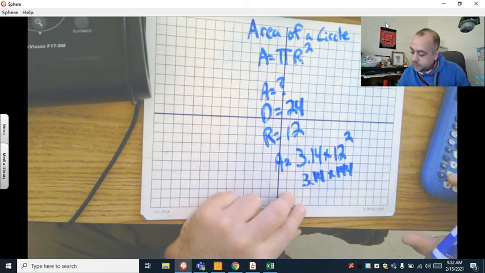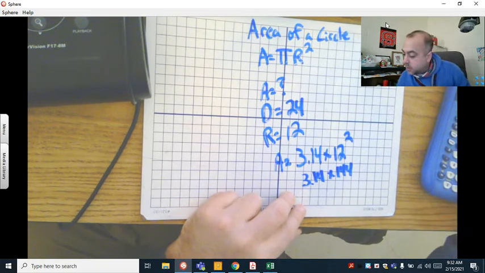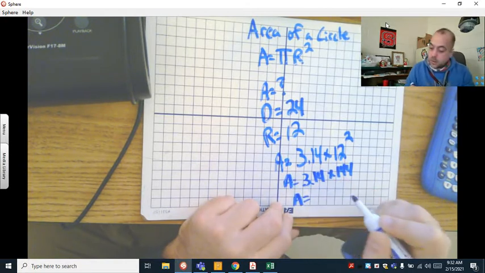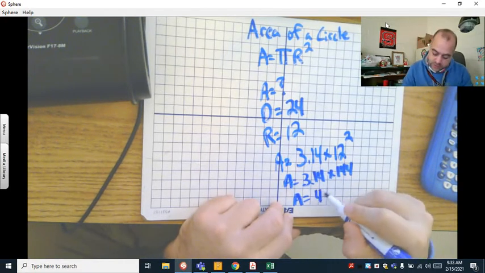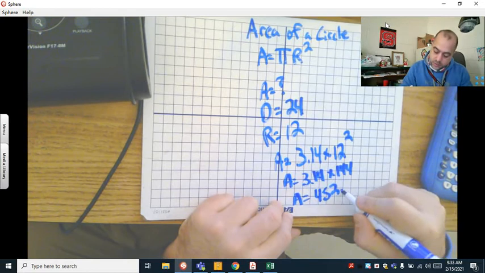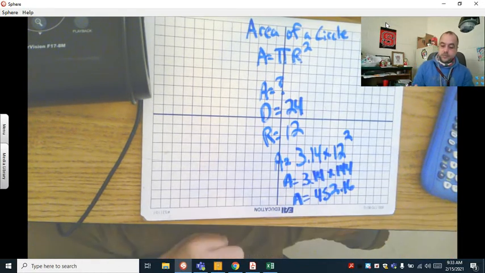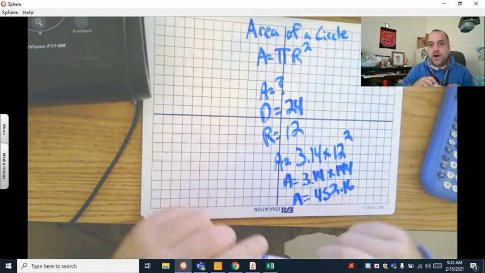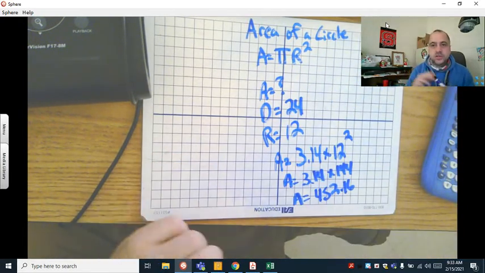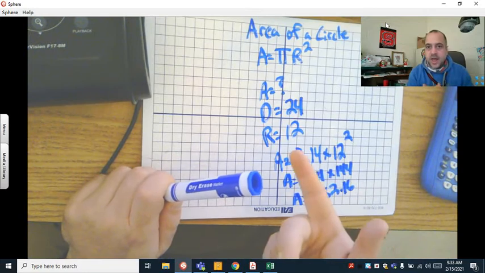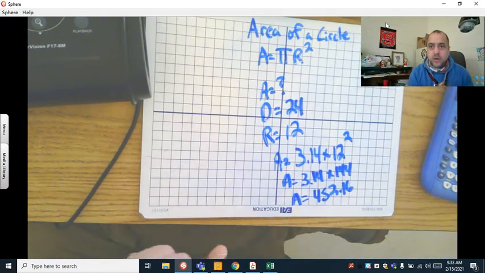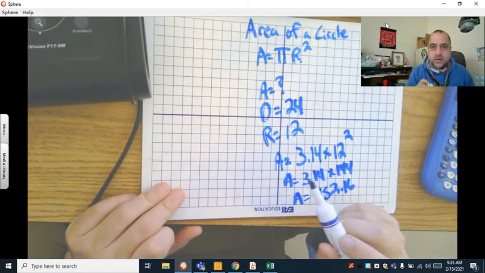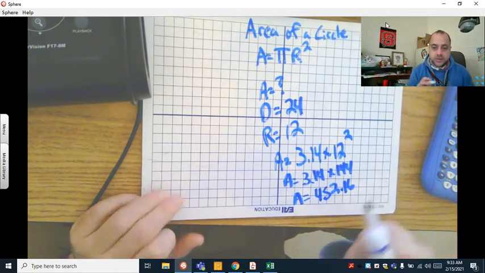And 3.14 times 144 is 452.16. So, find the radius, do it to the second power, and times it by pi. Earlier when we did circumference, we did pi times diameter. When you do area, you do pi times the radius to the second power.